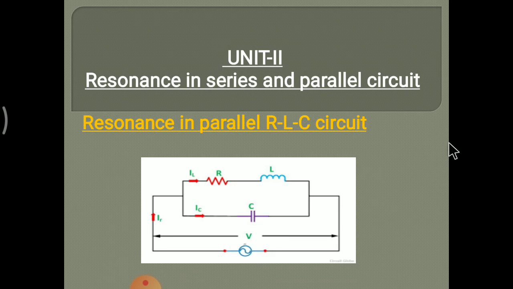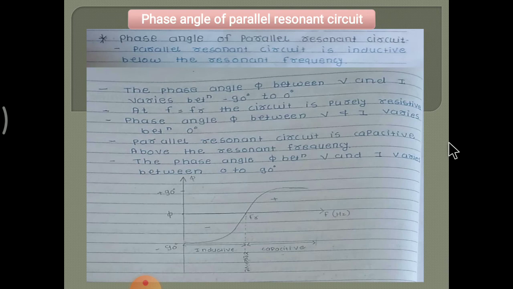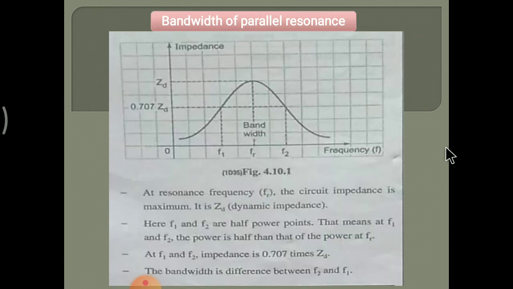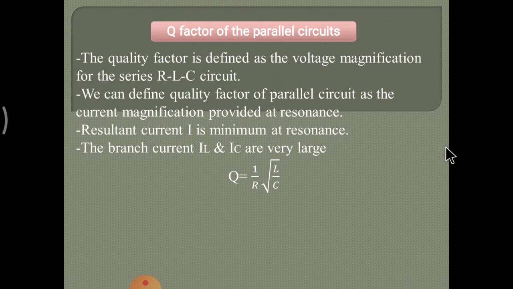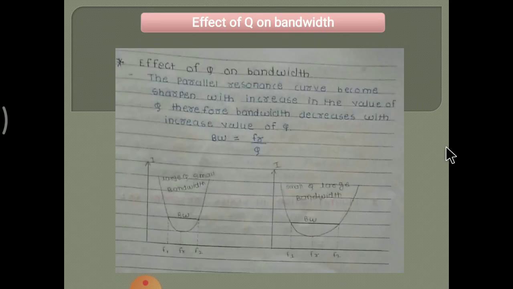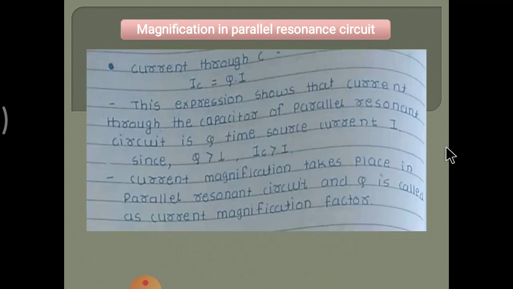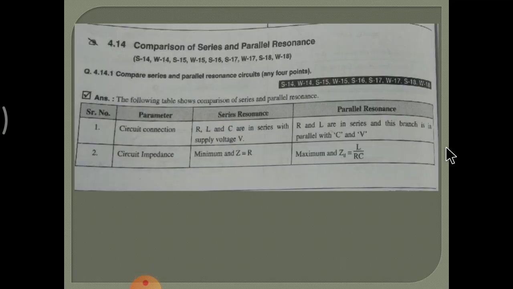In this lecture we discussed phase angle of parallel resonance circuit, bandwidth of parallel resonance, quality factor of parallel circuit, derivation or expression for quality factor, effect of quality factor on bandwidth, magnification in parallel resonance circuit, and comparison of series resonance and parallel resonance.